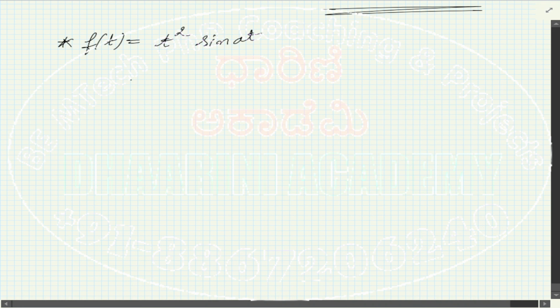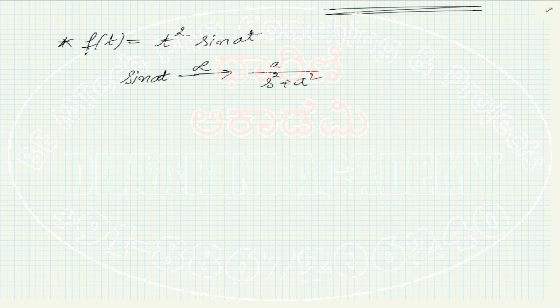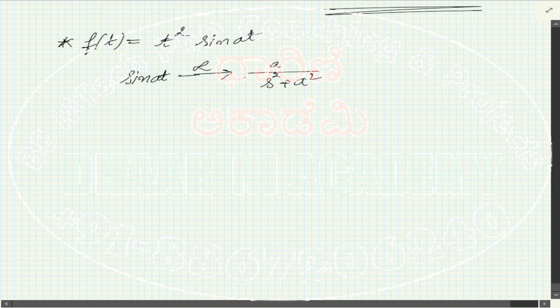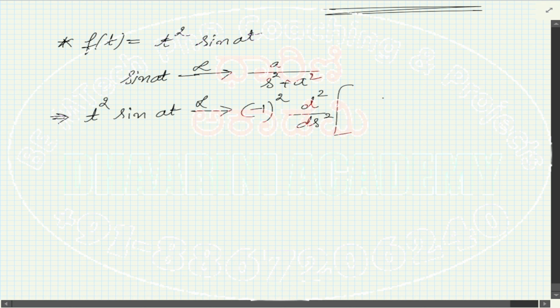We know that Laplace of sin at is a divided by s square plus a square. So when we know this, we can write that t square into sin at should have its Laplace: minus 1 square into d square by ds square, double differentiation, of a divided by s square plus a square.